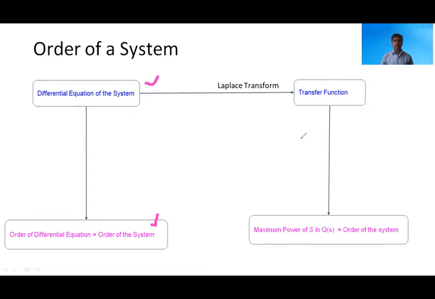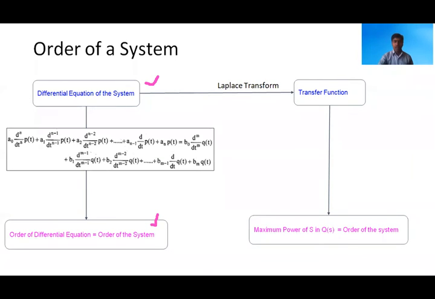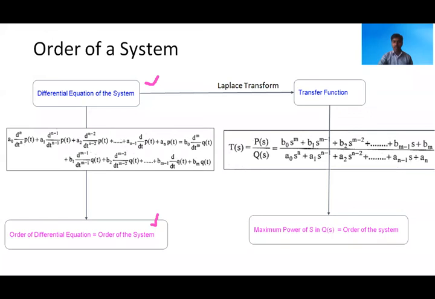Secondly, using Laplace transform, how to find? We'll have the Laplace transform in S domain. I mean, you can have the transfer function in S domain. So like this we can get.